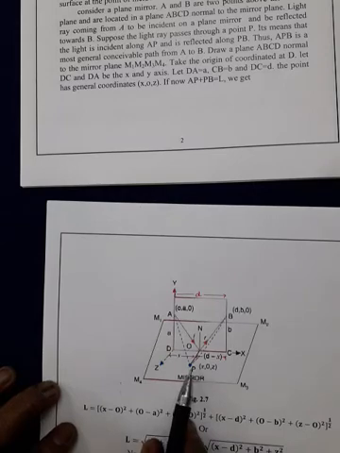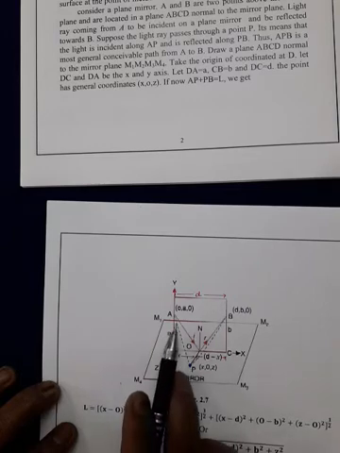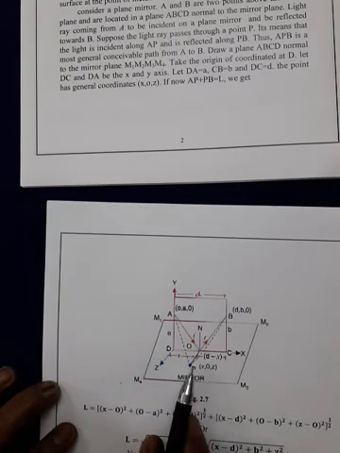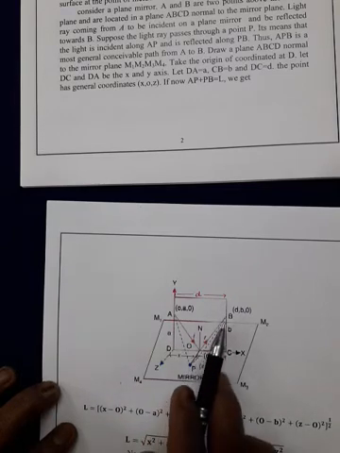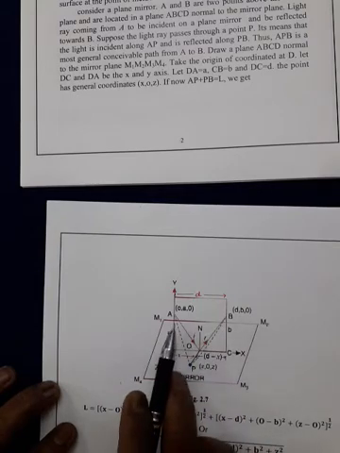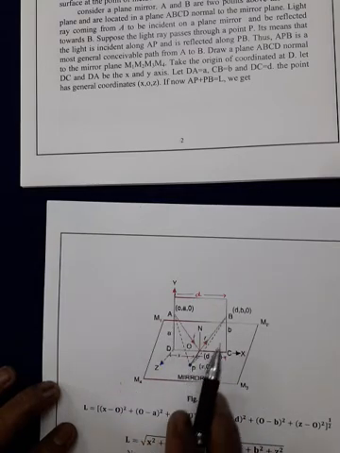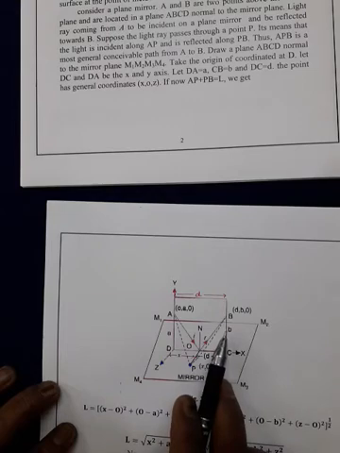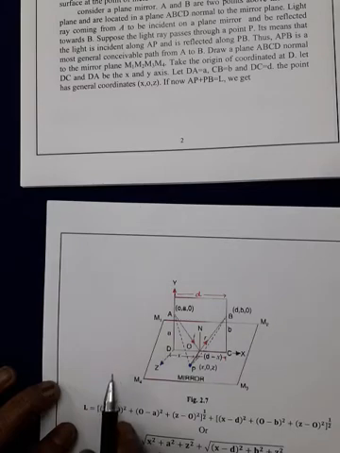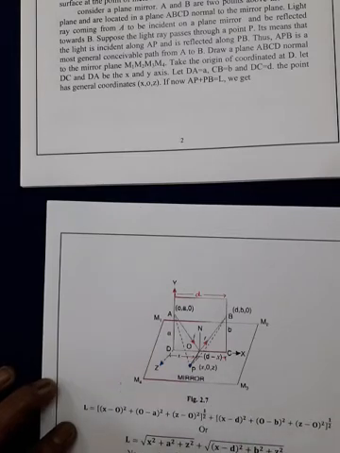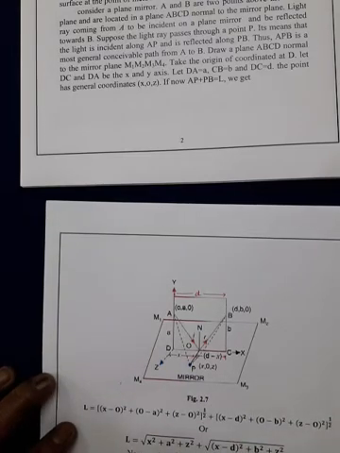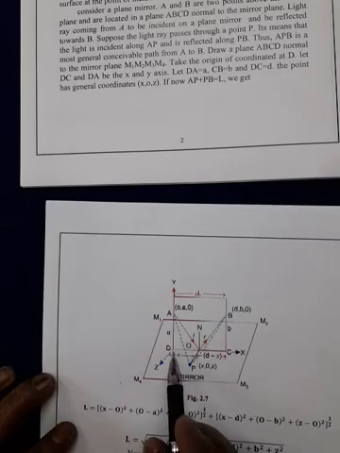It means that the light is incident along AP and reflected along PB. Thus, APB is the most general conceivable path from A to B. Draw a plane ABCD normal to the mirror plane M1, M2, M3, and M4. Take the origin of coordinates at D.